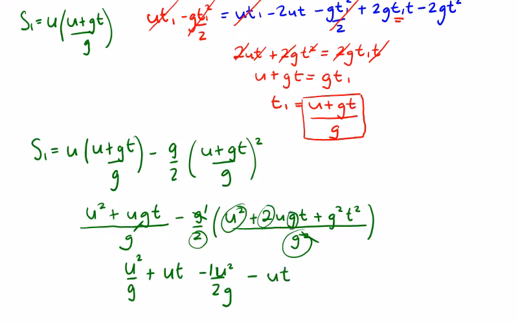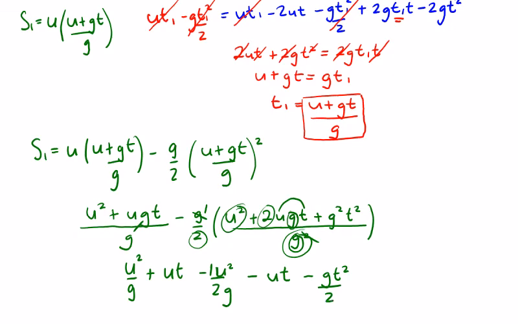So this g, and again this one will cancel. We're just left with the u and the t. And then we have minus a half times gt squared over g, so that's going to be minus gt squared over 2.